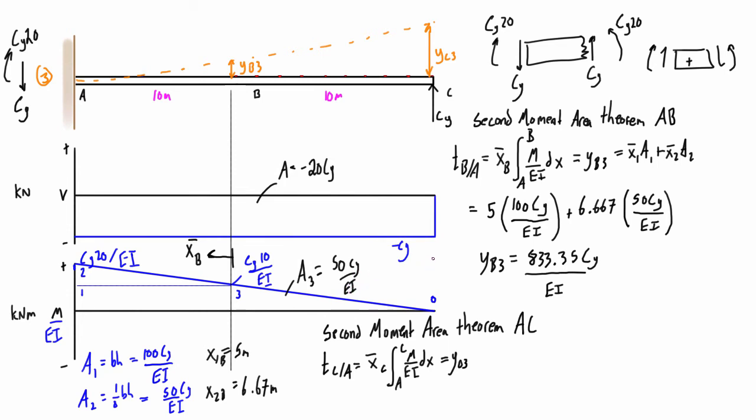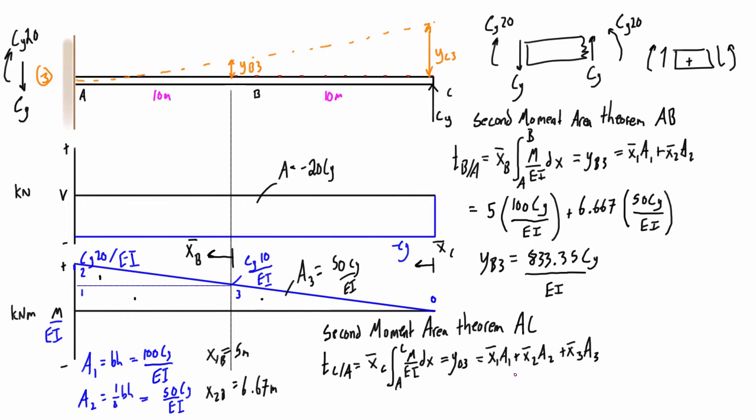And now in this case, we are using the x bars C, so the distance to these centroids from point C. So for these, we're just going to add on 10 to these values, because it's this distance plus the length of this triangle. And then this one here is also just going to be 6.67 from the end. So we can just add these composite shapes up.